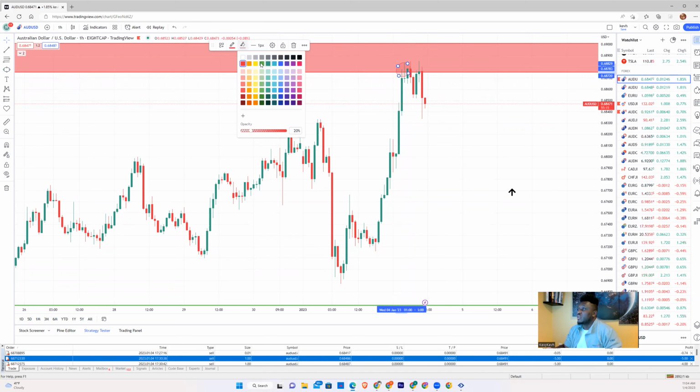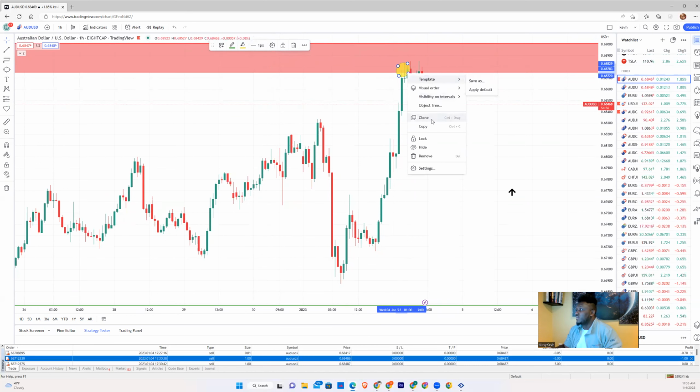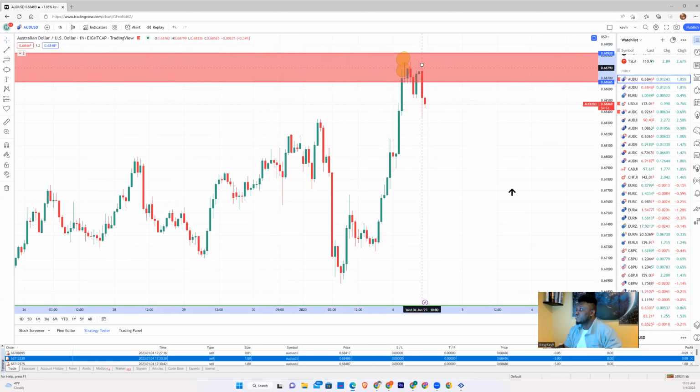Let's see if we can change this maybe to green. Not very much visible. Maybe yellow. Yes, yellow works. So I have that right there.